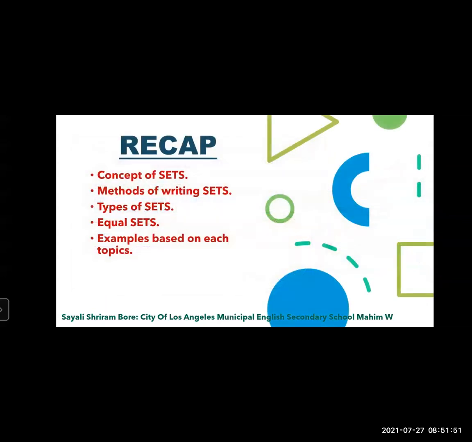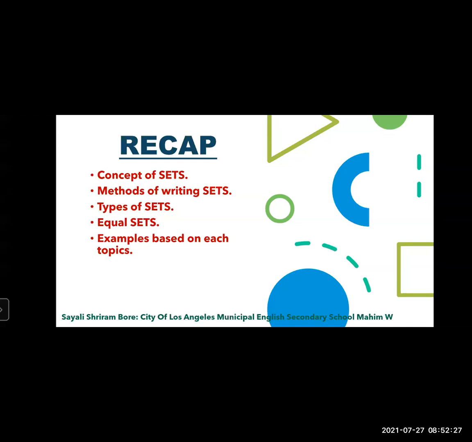In the previous 3 lectures, we have seen concepts of set, that is the basic how to denote, how to read a set, methods of writing sets, examples also we have seen on these methods of writing sets. 2 methods we have seen, listing method and rule method.